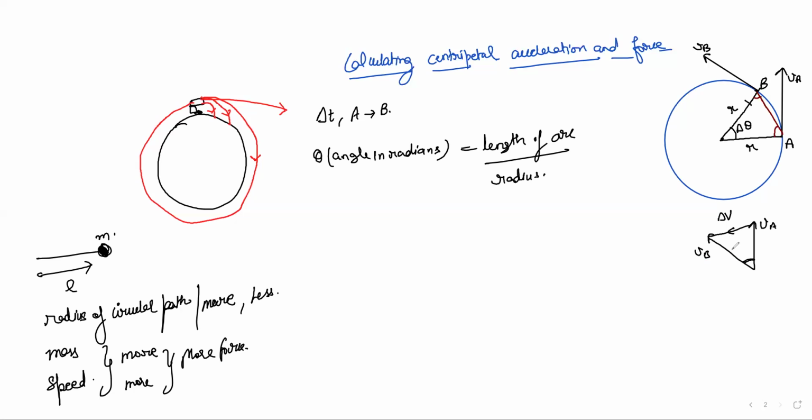Since VA and VB have the same magnitude, these two lengths will be equal. There is a property: whatever angle is between two lines, their perpendiculars will also have the same angle. This is a mathematics property. Now, the angle between these two lines, OA and OB, is delta theta, and this line and this line are perpendicular, so they will also have angle delta theta. Is it fine?